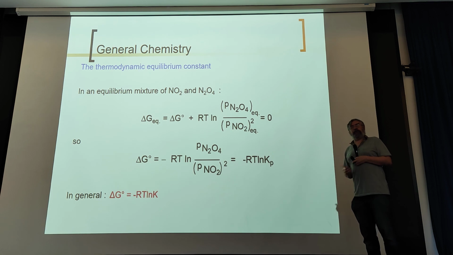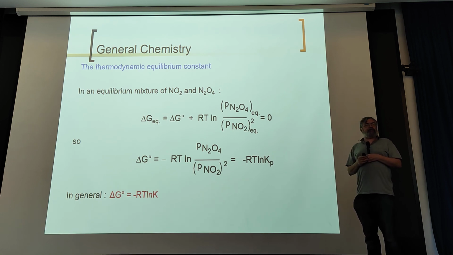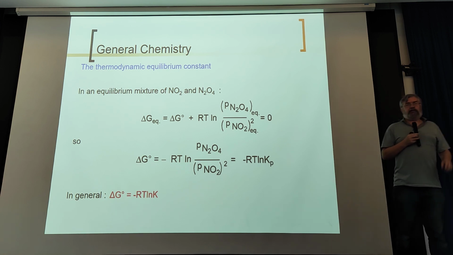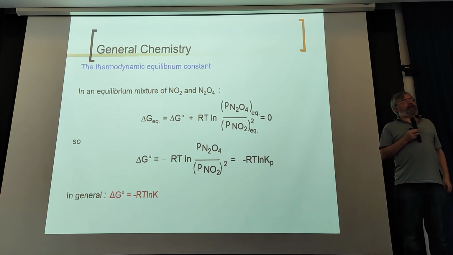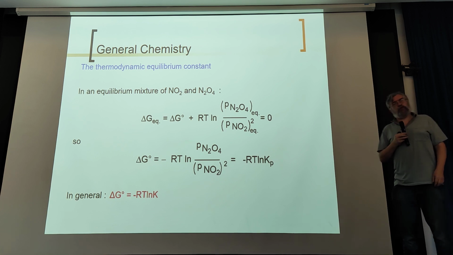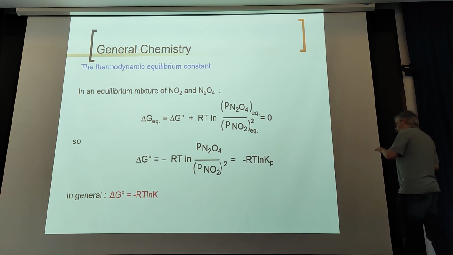This is one of the most important expressions in this chapter, and it gives a direct, let's say, logarithmic relation between the free energy and the equilibrium constant. If you have one, we can calculate the other if we also have the temperature.